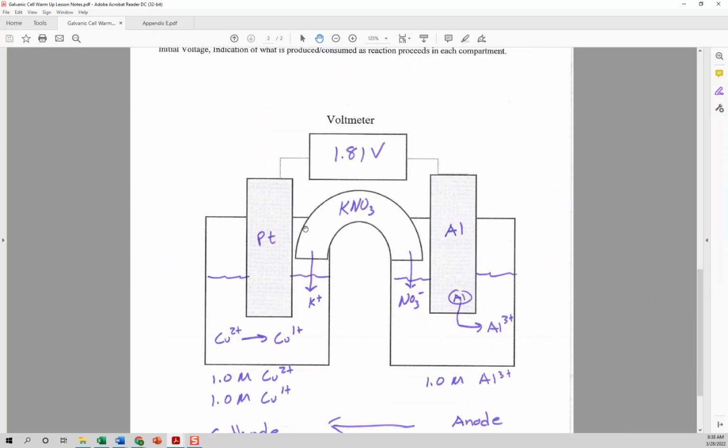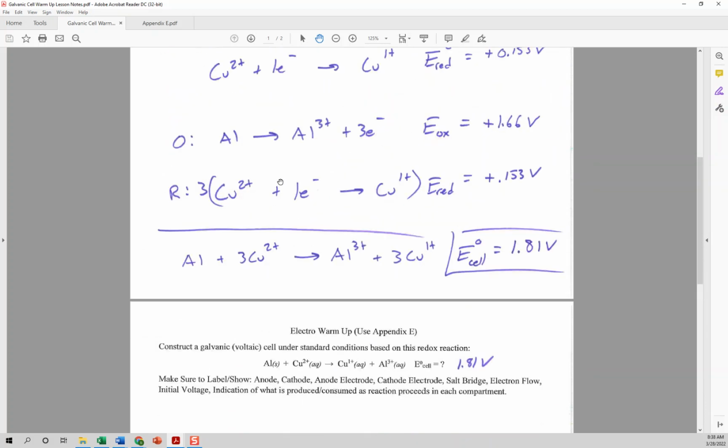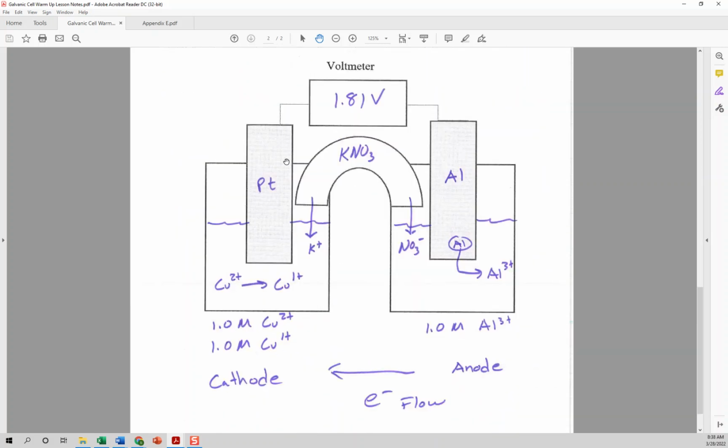Choosing your materials. Remember, if you need a solid piece of metal and one's not in your half reaction, right? We didn't need to use platinum for our electrode for this one because we had solid aluminum, but we needed to choose platinum here because we did not have solid copper in that reaction. So when you have to pick a metal electrode, pick platinum.